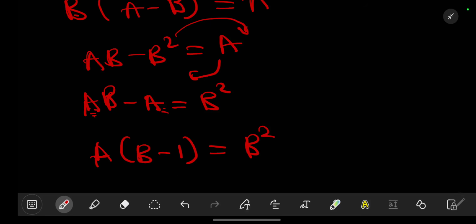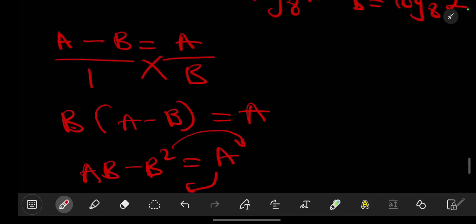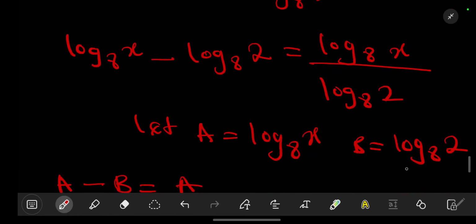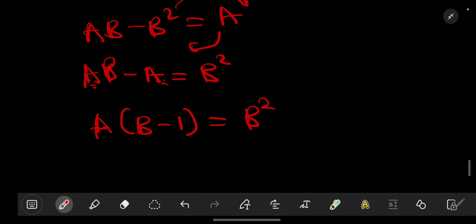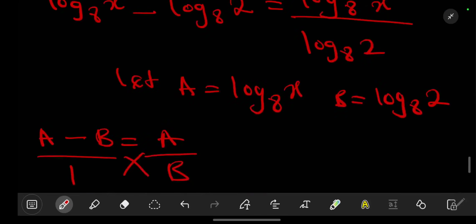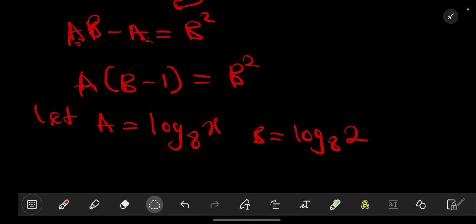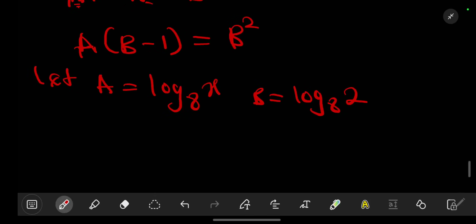So you can now replace. So what do we have? We have the log of the true numbers here. So we are going to say our a, it will be the log base 8 of x.